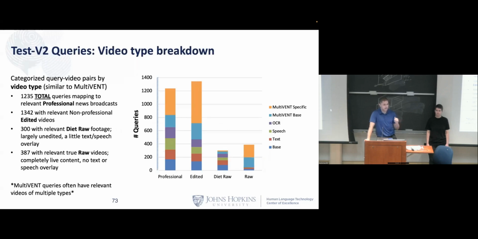And then the video type. This is something that Kate and I have alluded to in passing, but in practice, this is a pretty key thing: how hard is the video to find. So the professional videos are someone sitting at a desk or someone interviewing people on the street. There's a lot of text overlay, a lot of speech overlay, giving a lot of exposition saying, this is what's happening, this is the actual event that we're trying to find.